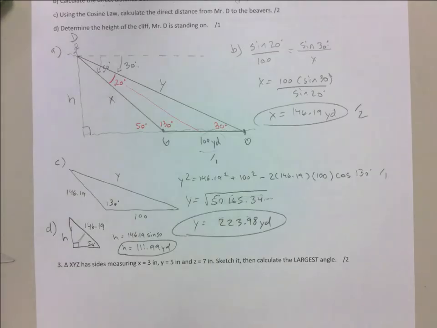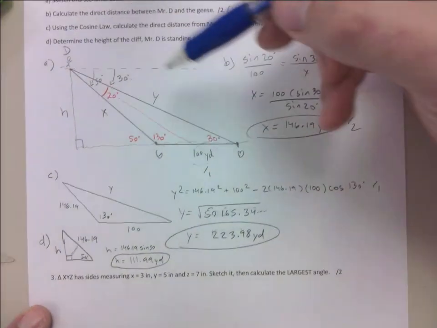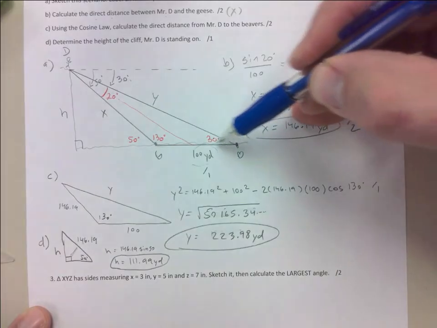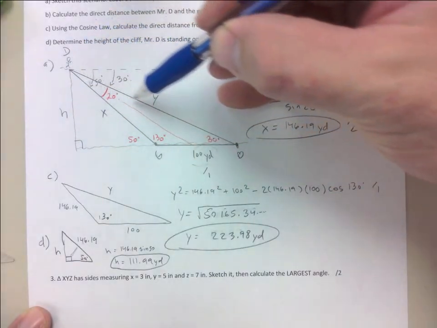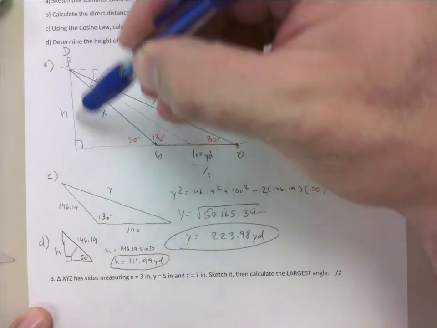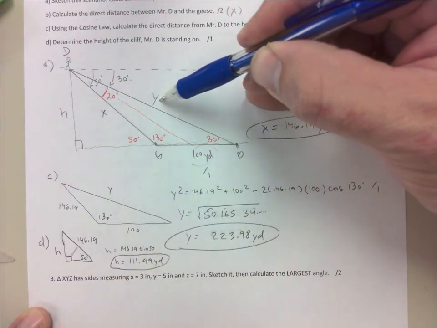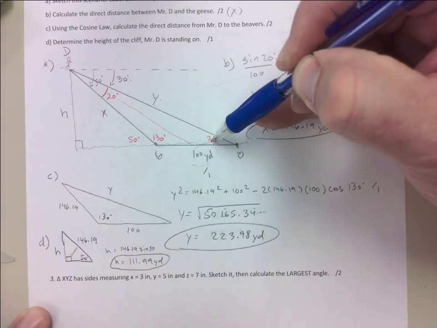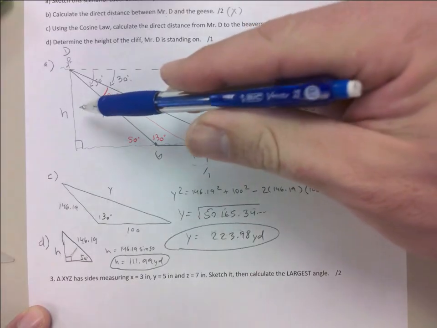Rounding? Maybe rounding is off. If you did it using a different law or a different side, maybe you use this side right here. Could I have used this right triangle here? Yes, that's a big right triangle, and you use y times sine of 30, it would also give you the height.